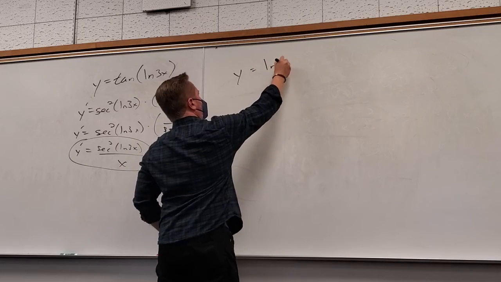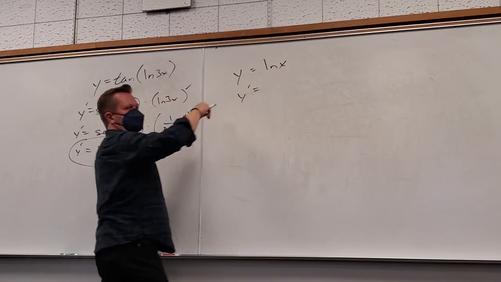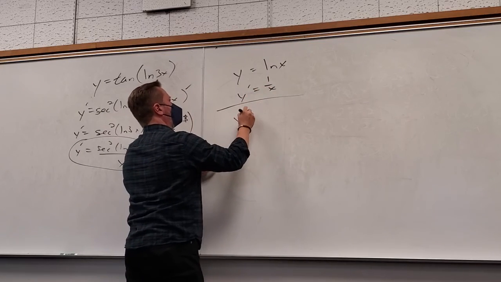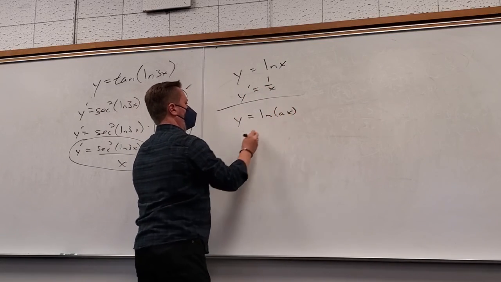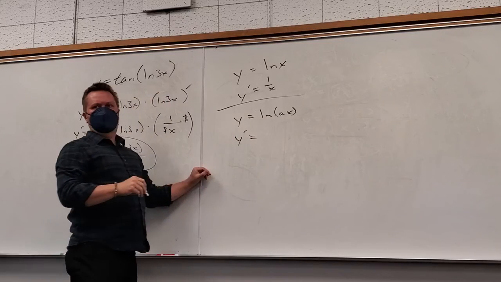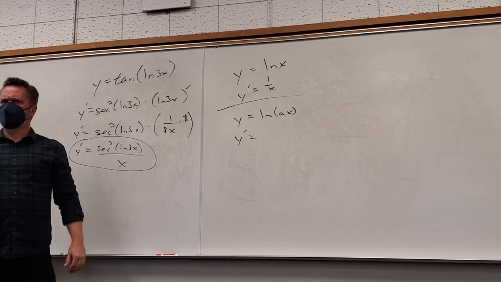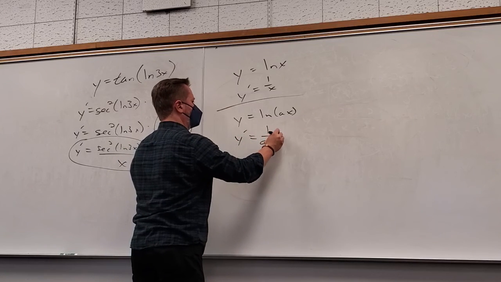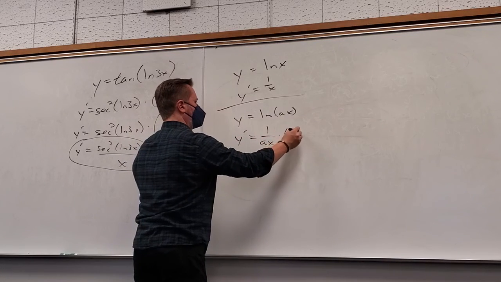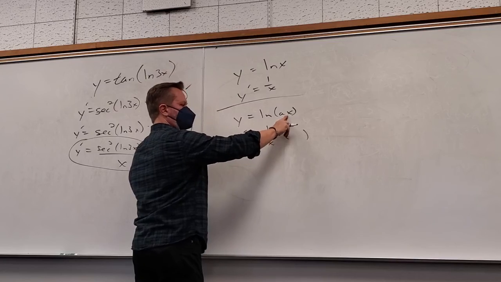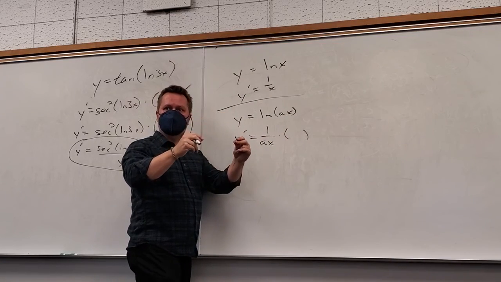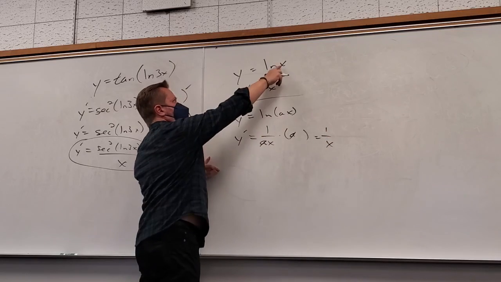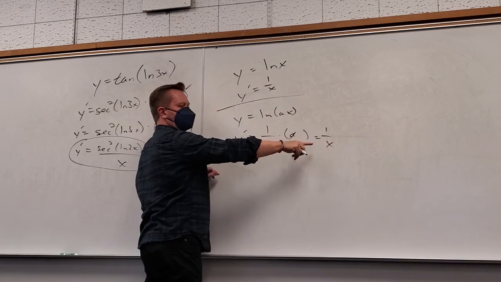I understand. Tell me again, what's this? 1 over x. Now watch. 1 over ax is a good beginning, times the derivative of ax, which is a. Do you see how even if there's a constant inside, it's still the same?